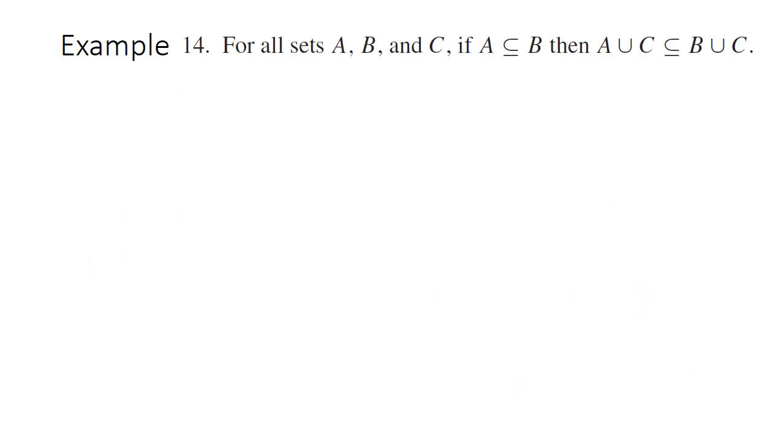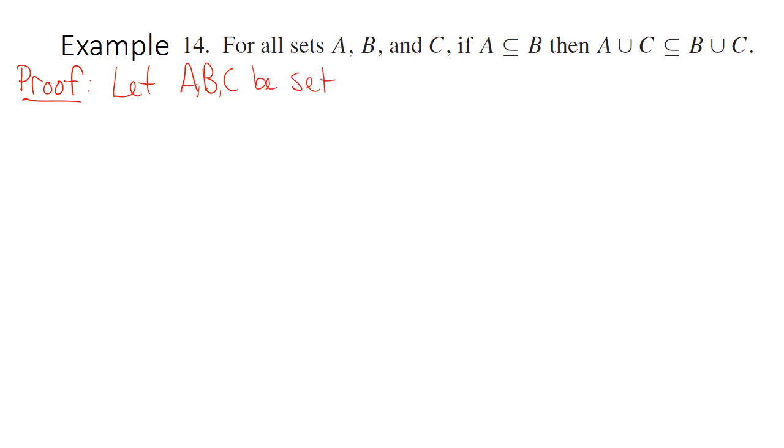Okay, let's look at this example. For all sets A, B, and C, if A is a subset of B, then A union C is a subset of B union C. I'm going to start by just defining what A, B, and C are. So let A, B, and C be sets.